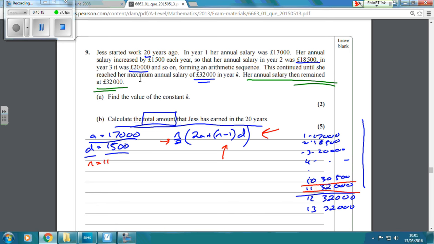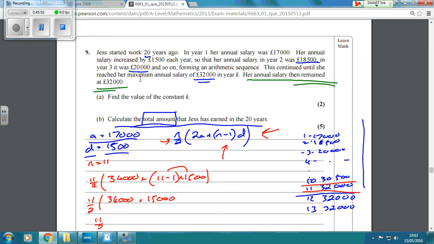So I'm going to work out how much you got in the first 11 years. So that's going to be 11 over 2, 2 lots of 8, so that's going to be 34,000, plus n minus 1, so that's 11 minus 1, lots of the difference, which is times by 1500. So that's 11 over 2 times 34,000 plus 10 lots of 1500, so that's plus 15,000.